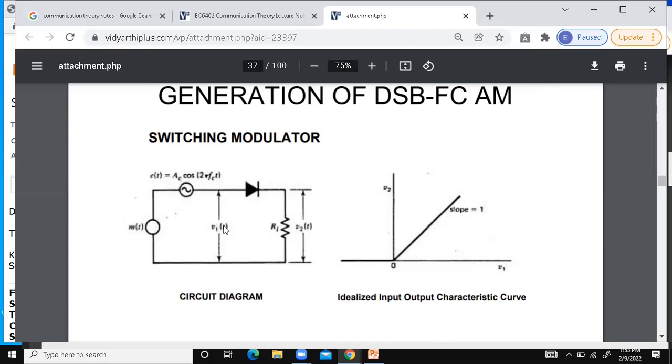In this case, a nonlinear device is a diode. So you know how this goes. This will conduct when it's forward biased and cut out when it's reverse biased.